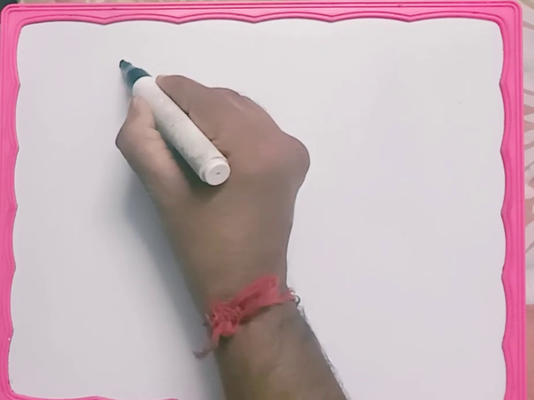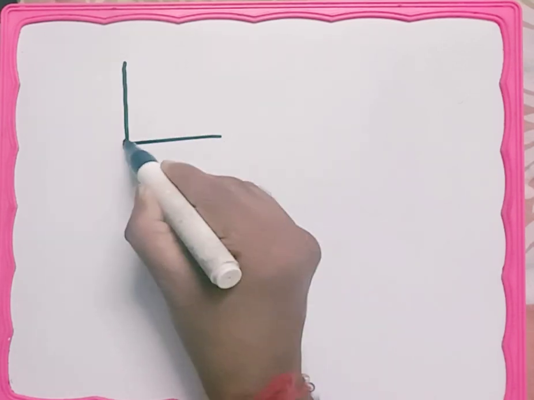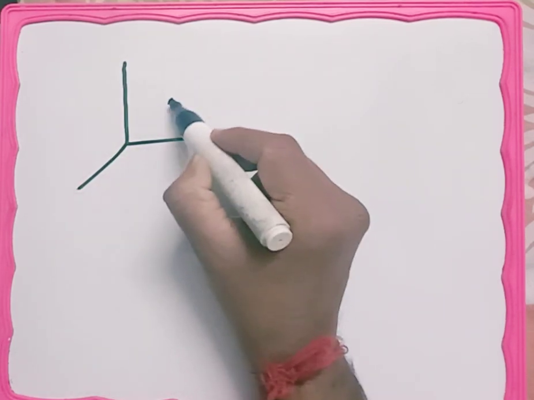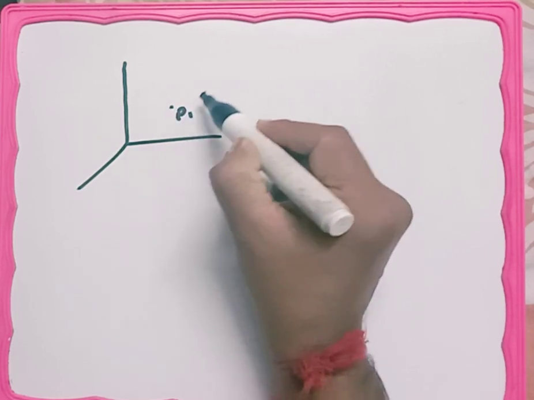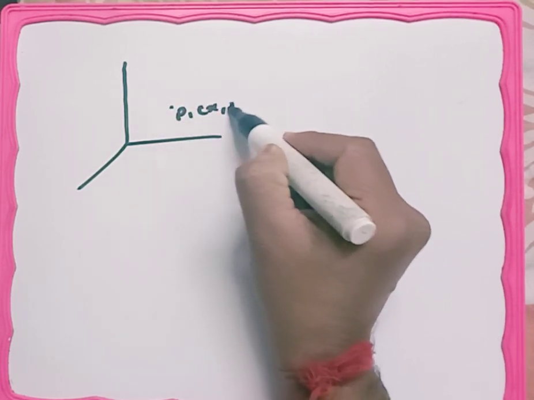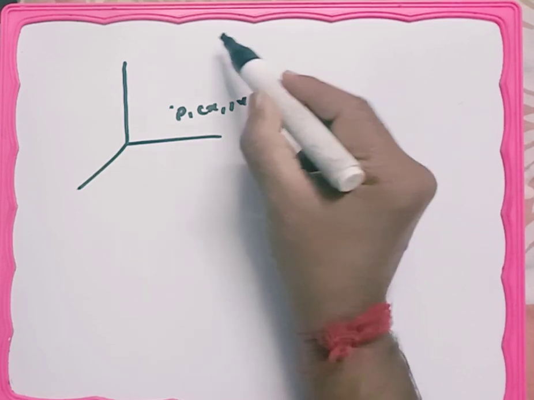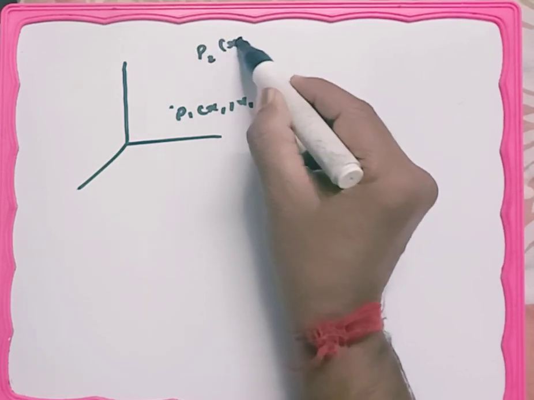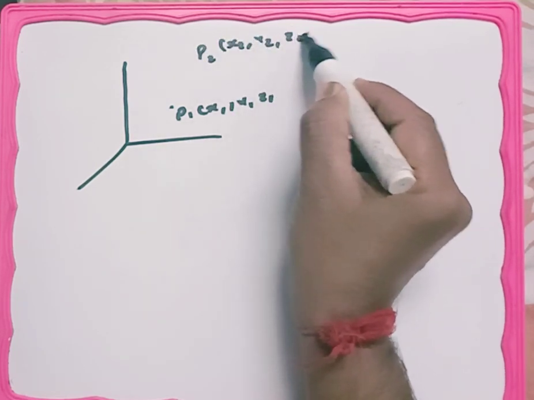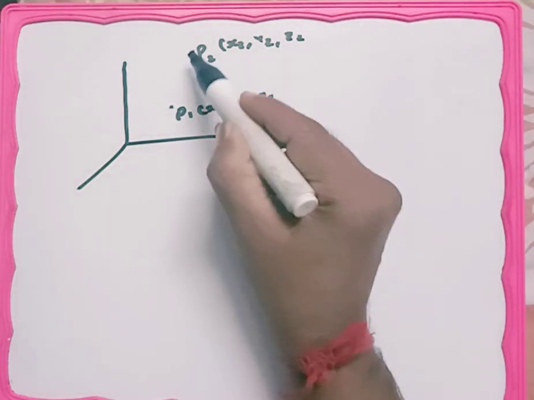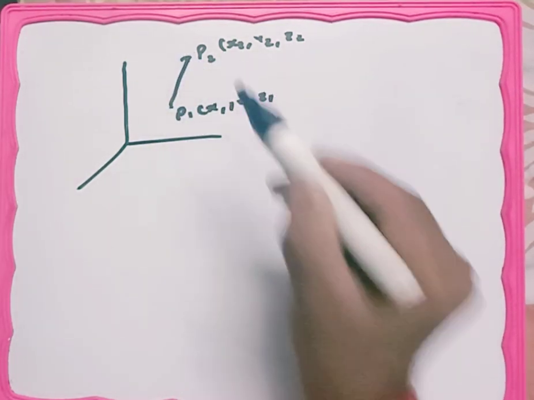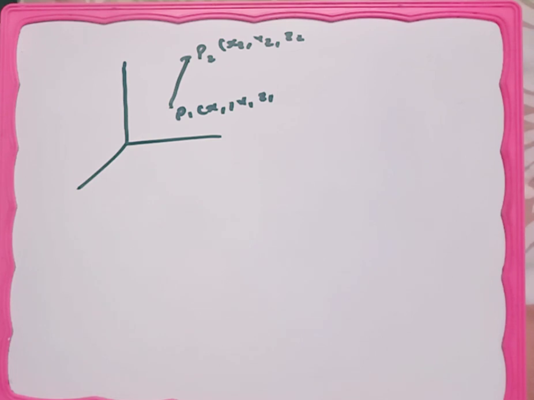Now we will see the vector joining 2 points. In a 3-dimensional system, if we have the point P1 (x1, y1, z1) and P2 is another point (x2, y2, z2), then what is the value of vector P1P2?